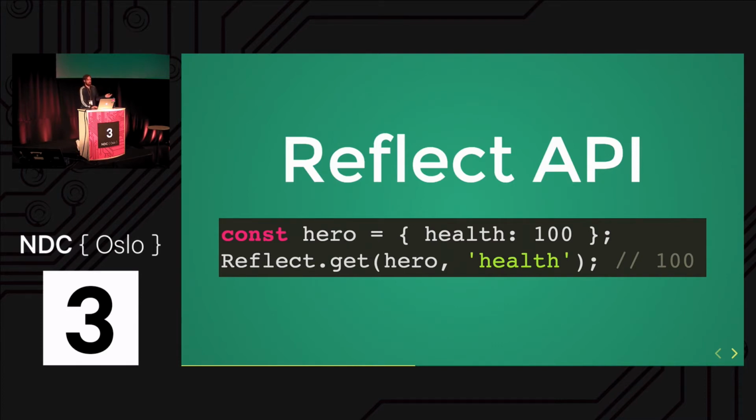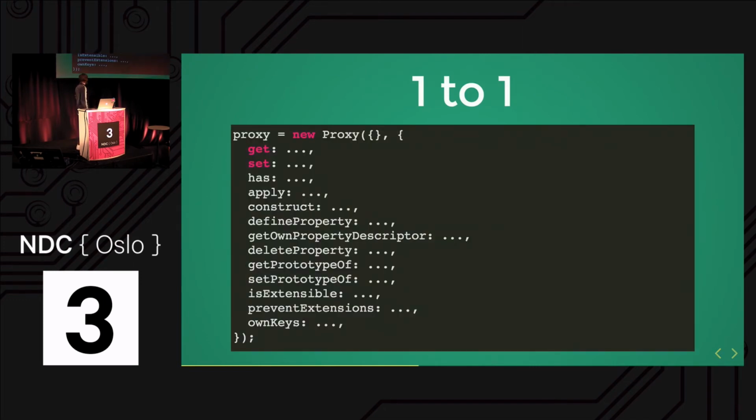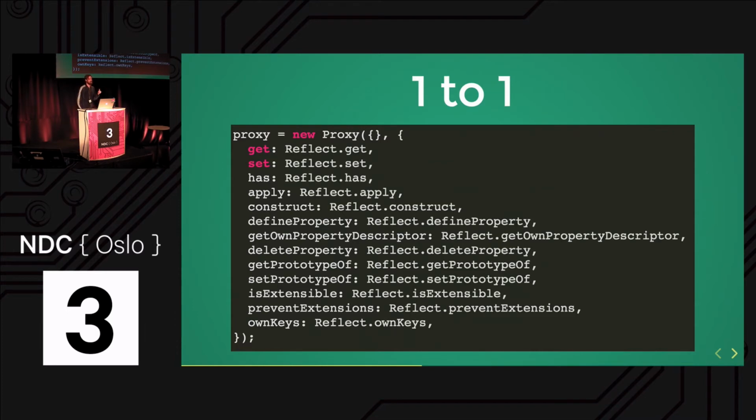You could, of course, say that, but why do you need that? Because you could just access it directly. But the point of this Reflect API is that there is a one-to-one match to the proxy traps, so that if I wanted to define a proxy that is just defining the default behavior of an object, I could put in the corresponding reflect methods into all of the different traps.